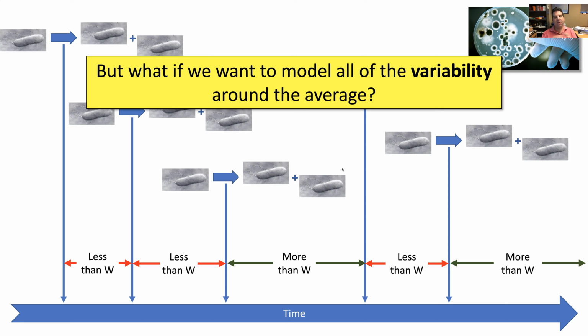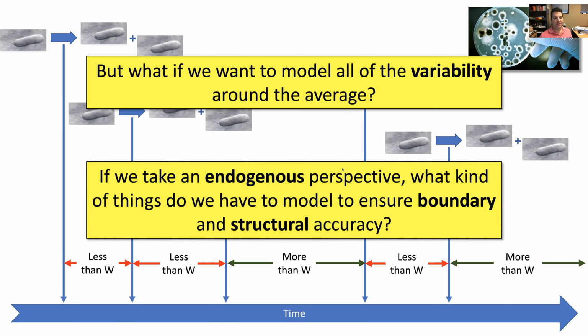So if I wanted to do that in a deterministic, all-inclusive, endogenous framework, then I would need a process that would actually produce each one of these little less than W and more than W time delays. And so I'd have to ask, how do I sometimes get a less than W time delay and sometimes get a more than W time delay? Well, I might need to know things about the internal physiology of the bacteria.